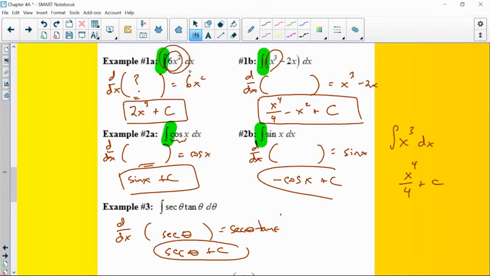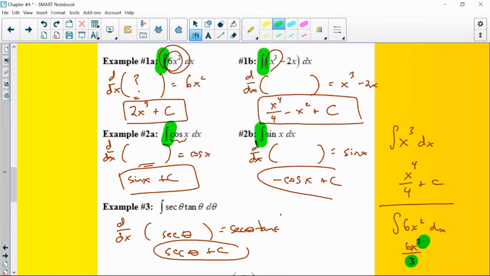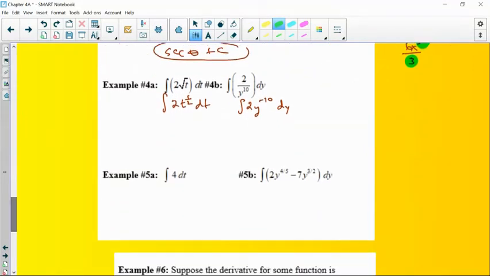The same thing would have happened here with 6x squared. The antiderivative of 6x squared is you bump up that power, 6x cubed, and then you divide by that power. If we think about it from that perspective, these would always match, right? That gave us our simplified 2x cubed, so it works. So that power rule applies here.